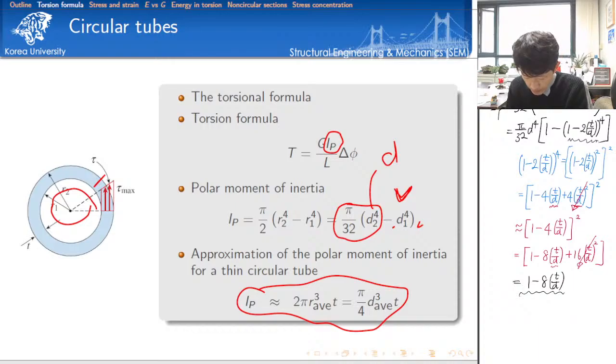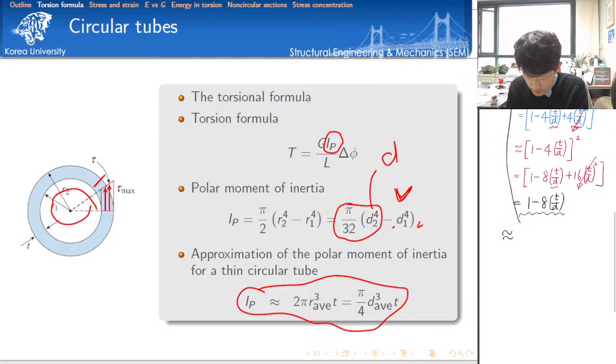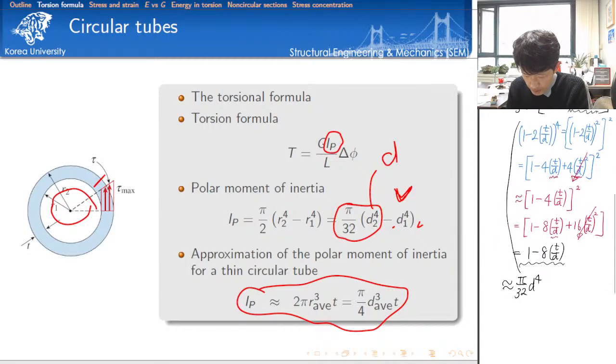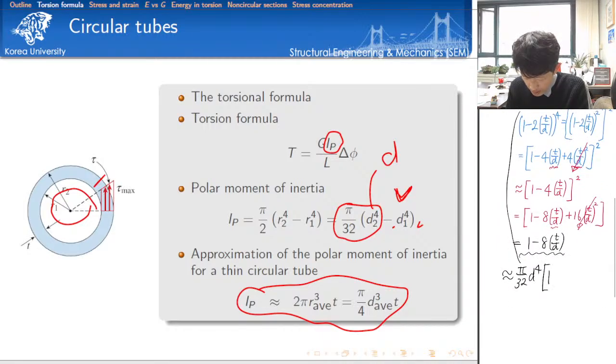Then this is equal to pi over 32 d to the fourth, times 1 minus, 1 minus 8t over d. Because we have minus and plus, the 1s cancel.